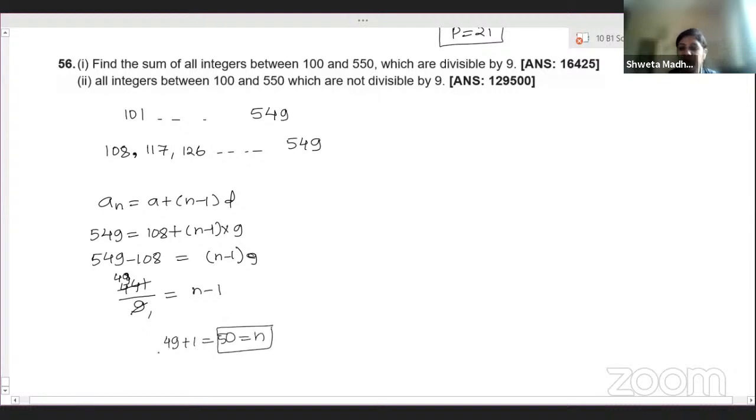So there are totally 50 numbers divisible by 9. So we have to find S50.